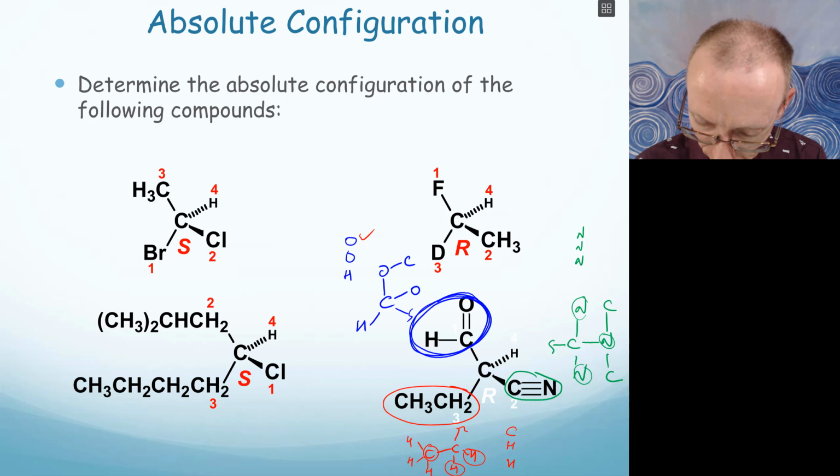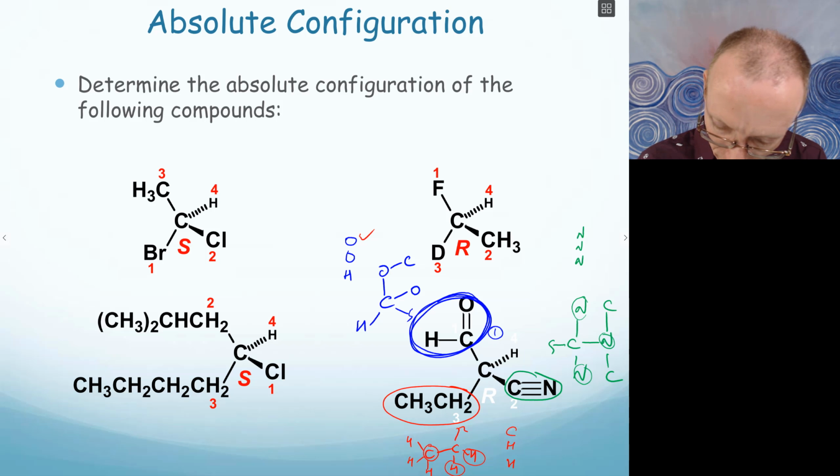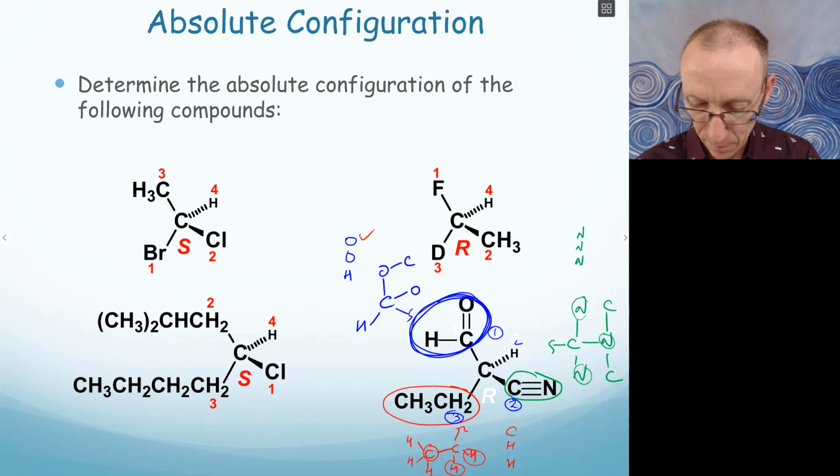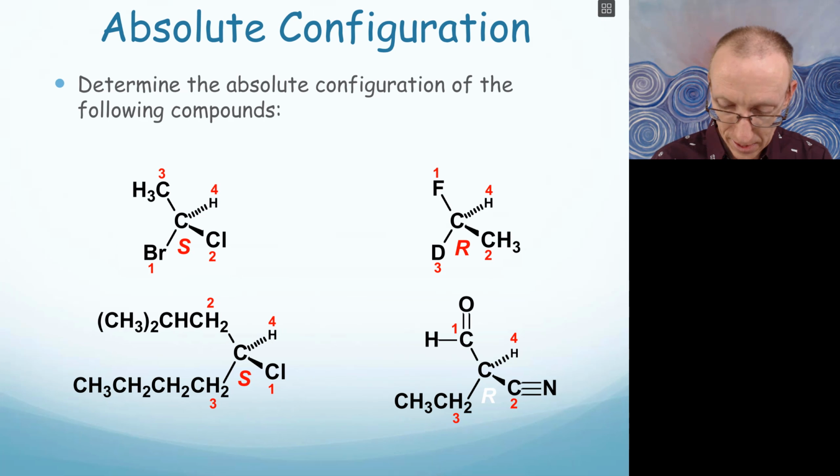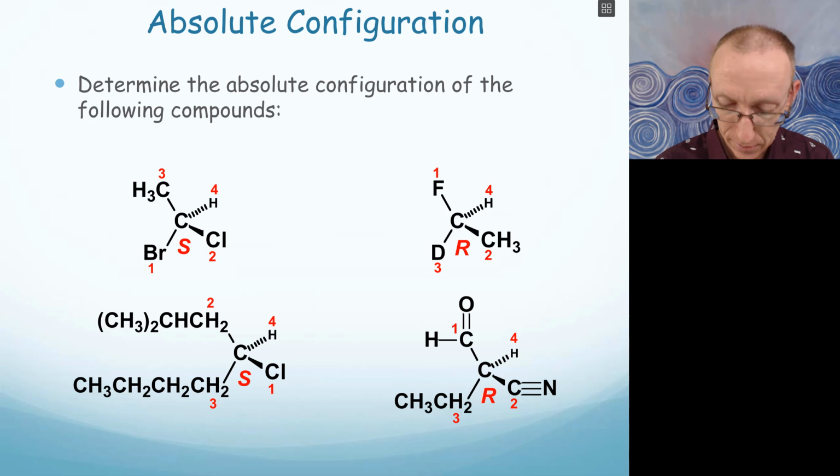So we're going to have priority order of 1 for this, 2 for that, and 3 for that group. We've got the lowest priority at the back, the hydrogen, so we're going in a clockwise direction, and so this must be the R configuration. And there we have it, R.